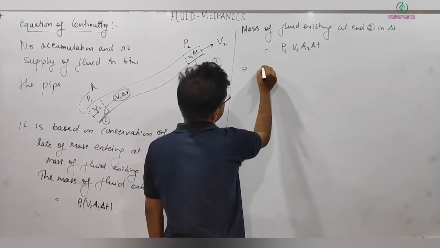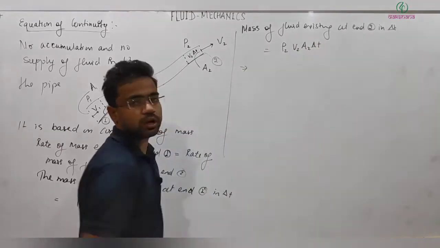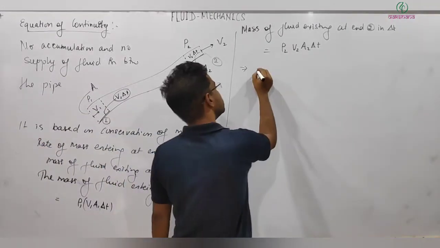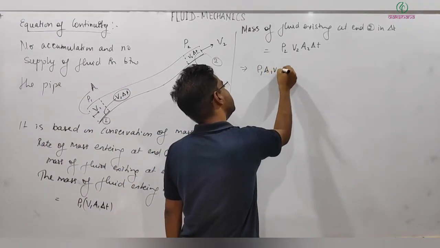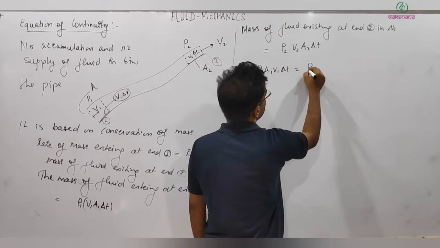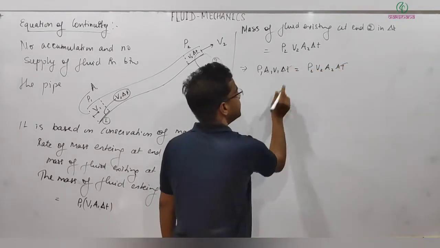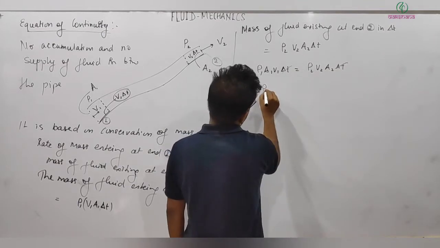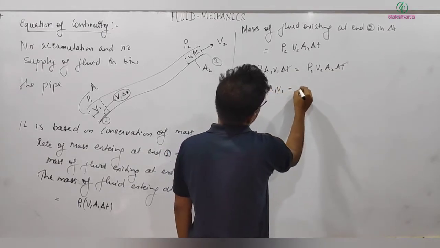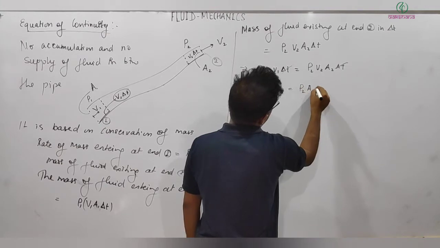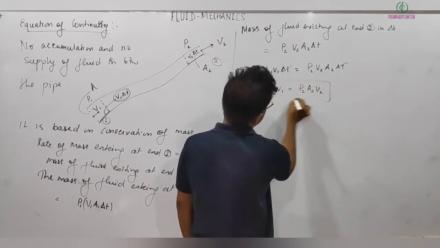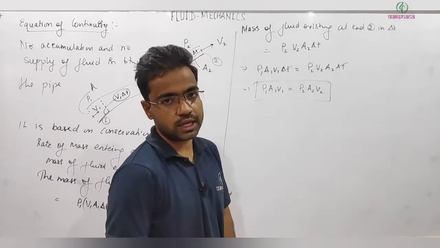By conservation of mass flow, rho1 a1 v1 delta t must be equal to rho2 v2 a2 delta t. Delta t cancels out, and we finally get rho1 a1 v1 equal to rho2 a2 v2. This means the mass flow rate is constant.